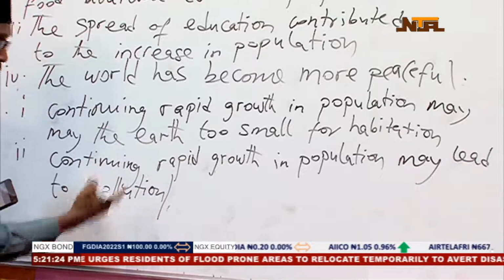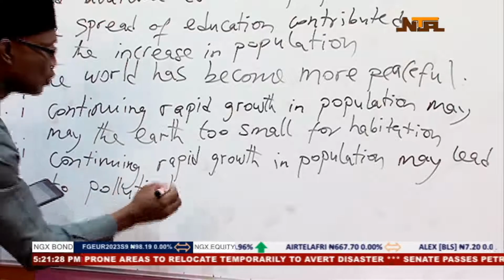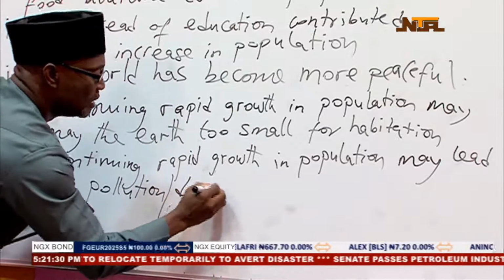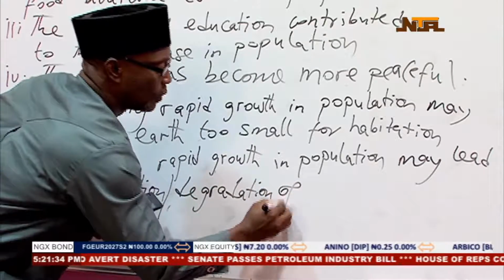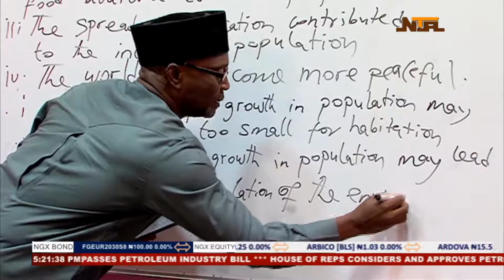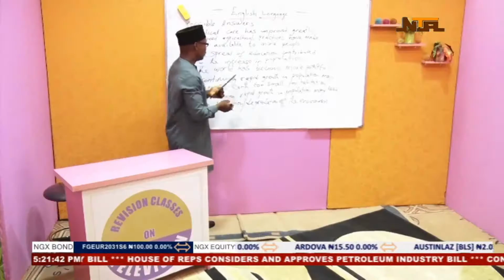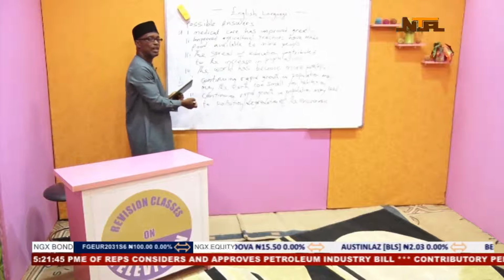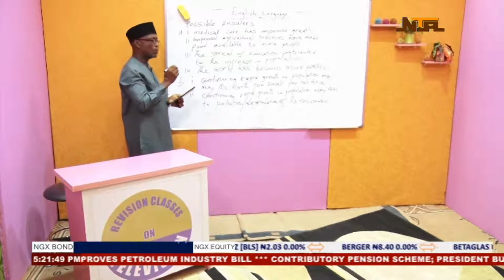This slash means or: may lead to pollution or may lead to degradation of the environment. If you have done something like this for level B, you are very close to getting your full mark.